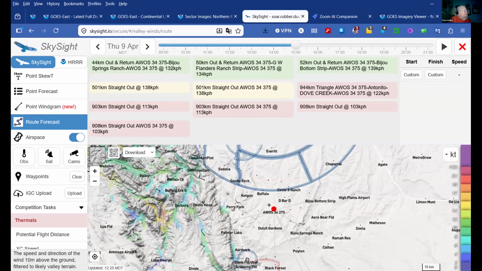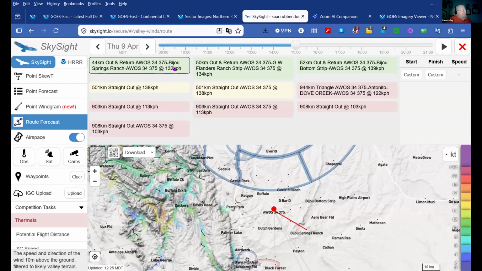So this doesn't tie to FAI badge distances or anything like that. This is doing durations of the tasks. So green is a relatively short task. I mean, like this one, it's calling for a 44-kilometer out and return at 132 kilometers an hour.